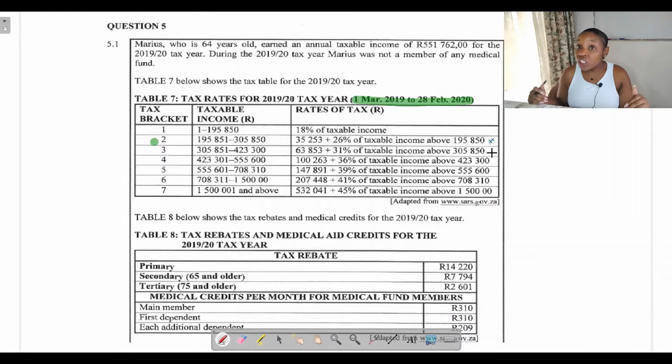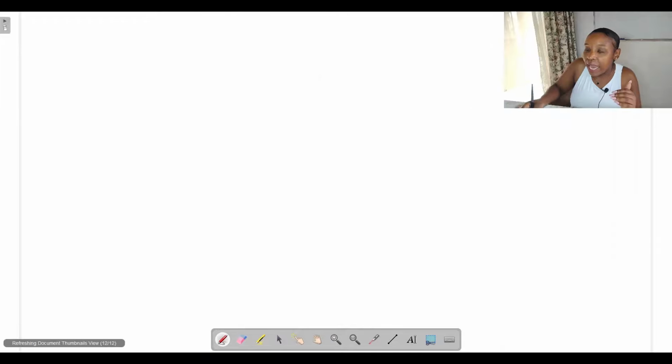Because in the questions that are going to follow, you will need to apply the guidance that they give you there to calculate the total amount of tax that Marius needs to pay. Okay, so what do they mean by this? Let's say, for example, you earn 250,000. I'm going to just make a side note now.